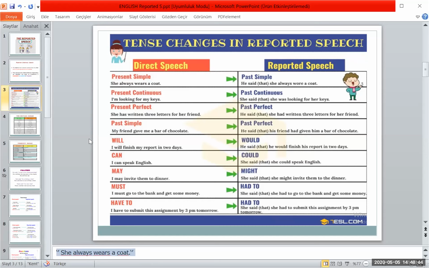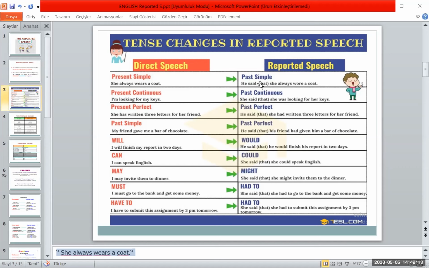And we will evaluate the tenses, not all of them, but most of them. If the sentence is "She always wears a coat," it would be in quotation marks. In reported speech, or indirect speech, it needs to be changed into "He said that she always wore a coat." By the way, "that" is optional while reporting something.